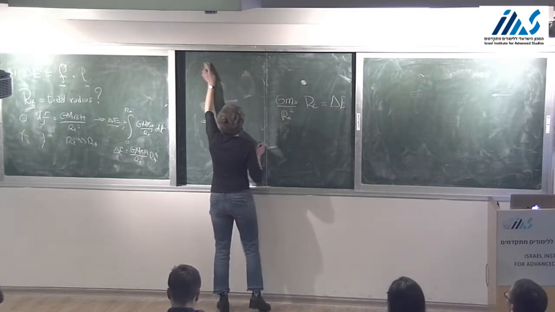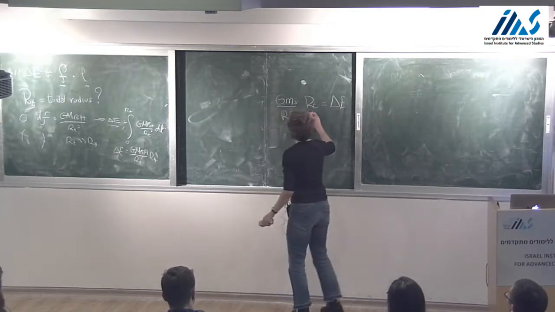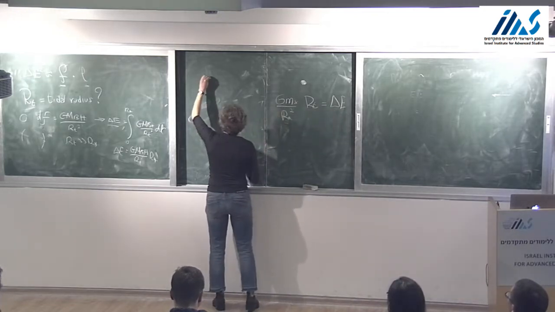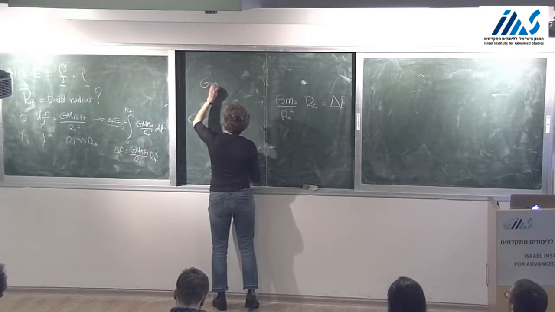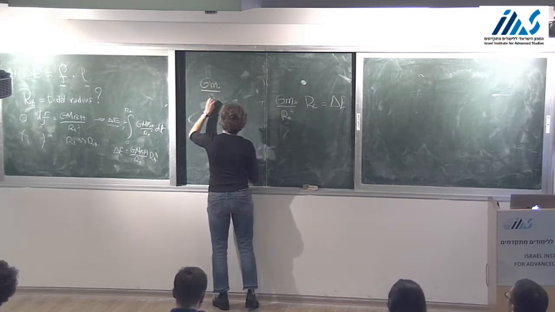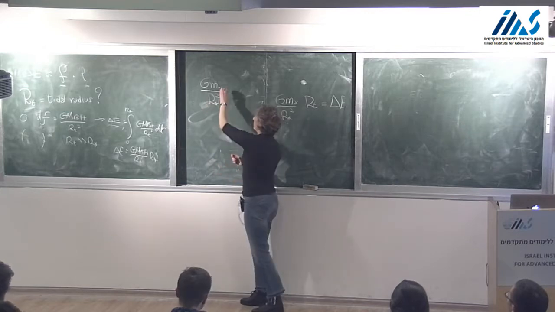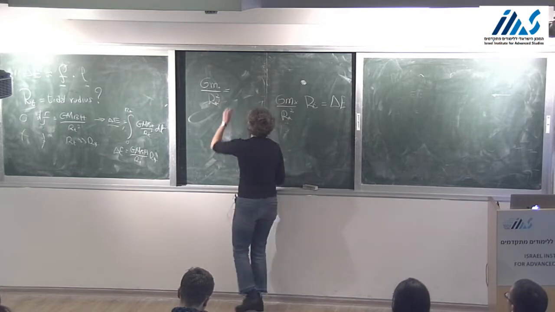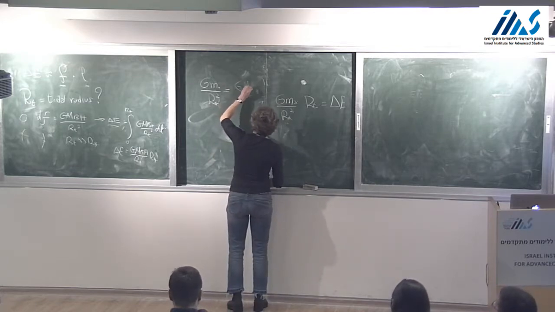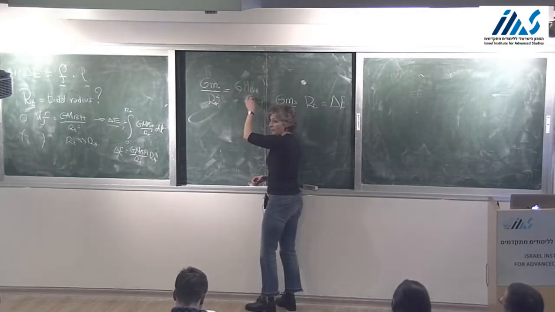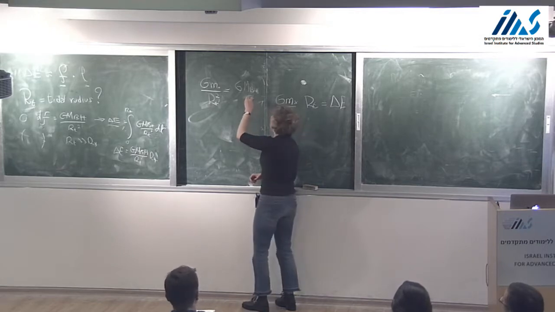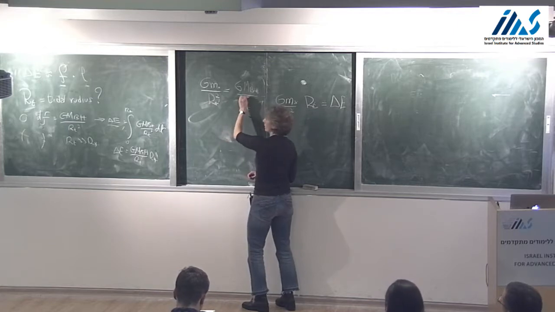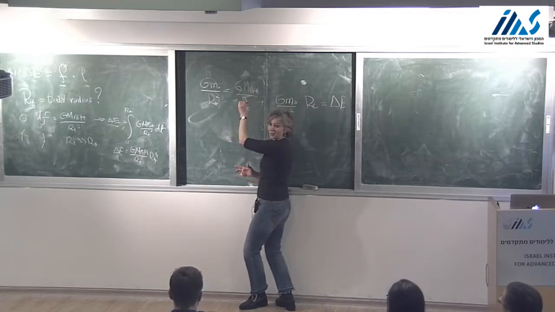Okay, I remember the tidal radius is the radius at which the self-gravity force is equal to the tidal force. So it's G M black hole, how do I write the tidal force? Tidal radius, I need a square.